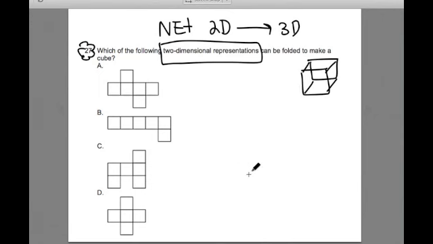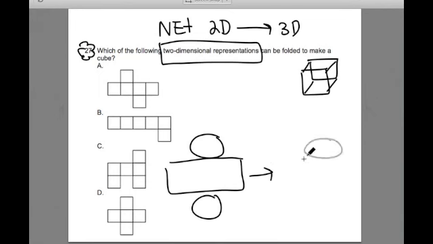You can have more advanced applications, like let's say if I had this net here. What is this a net of? Well, it's a two-dimensional representation that if I folded it up, could be used to form a three-dimensional object, like a cylinder. This net is really helpful because it's the 2D version of the 3D version.